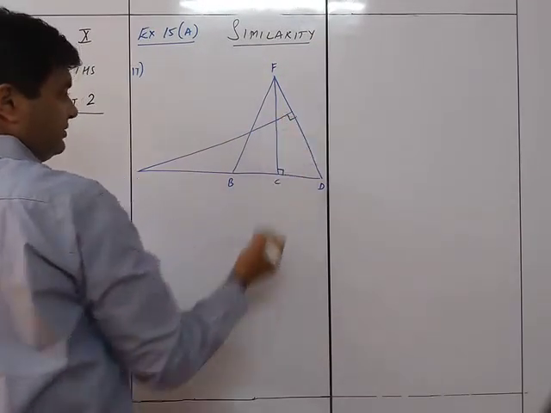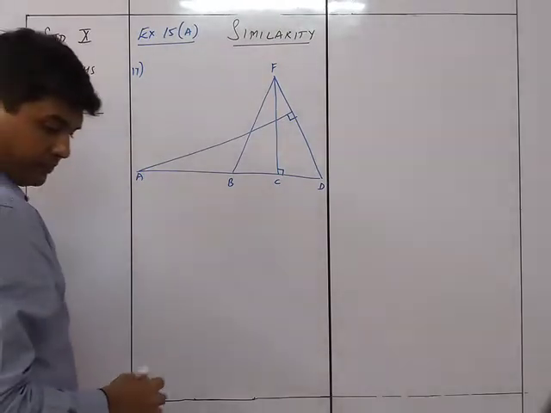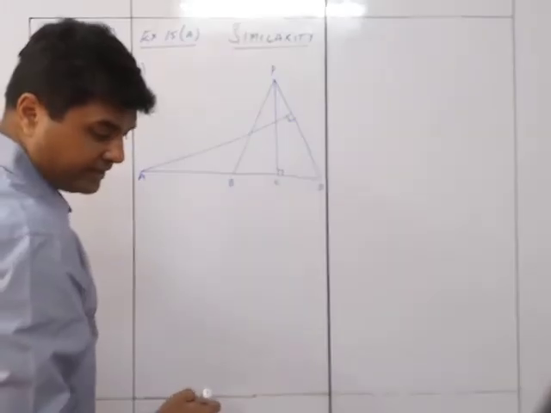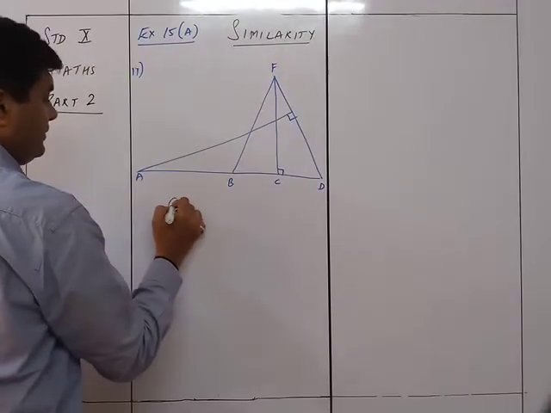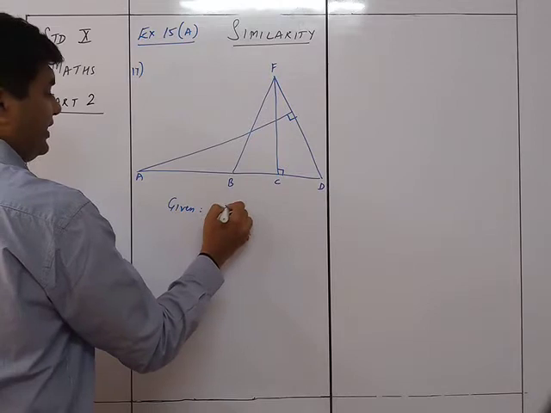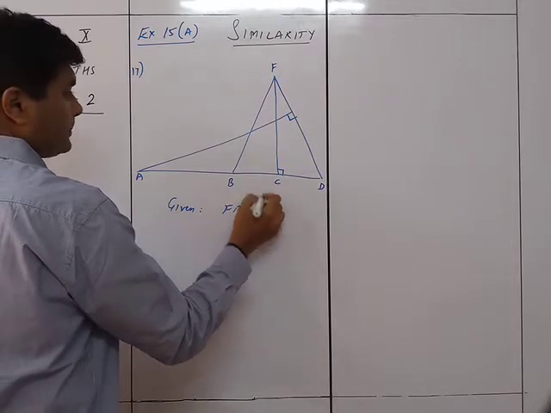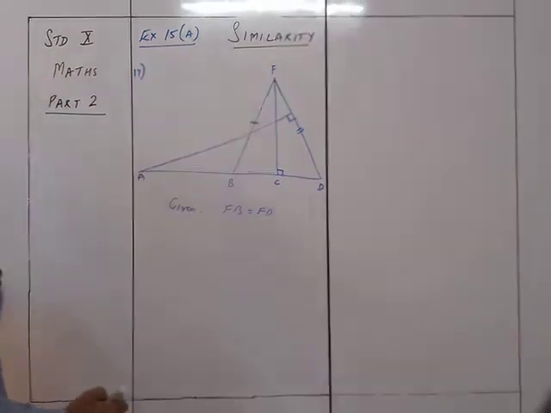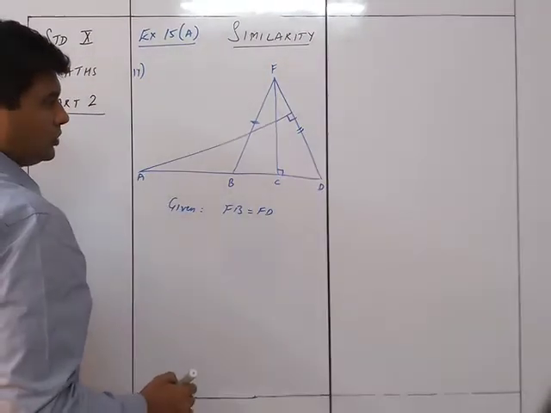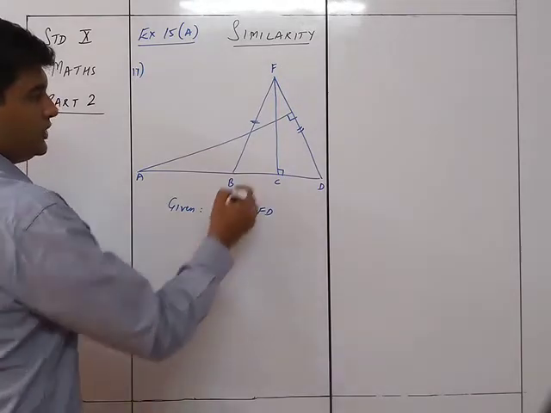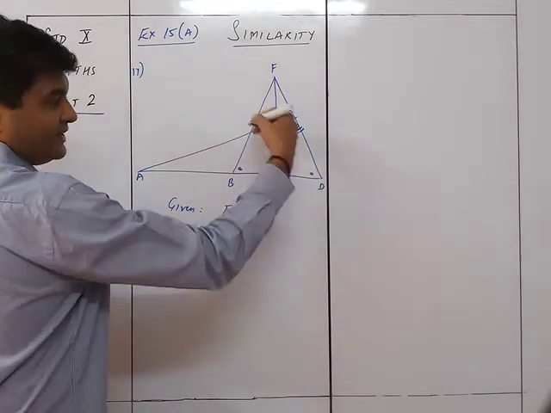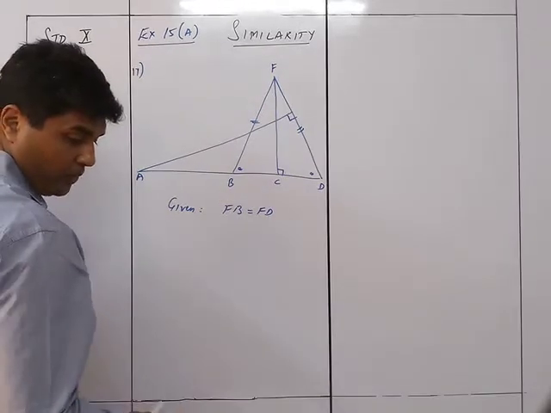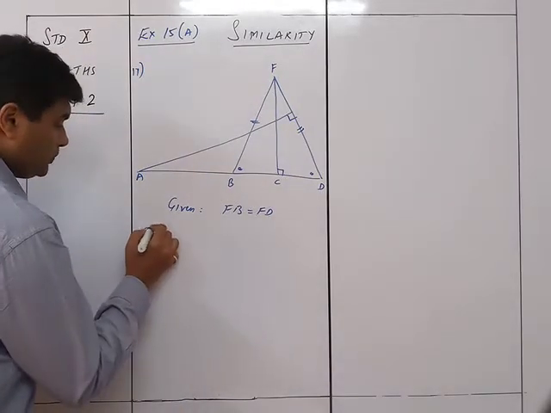This is 90 degrees. This is A. You are given that FB is equal to FD. This is equal to this. So you know that this angle will be equal to this angle because it is an isosceles triangle, right?